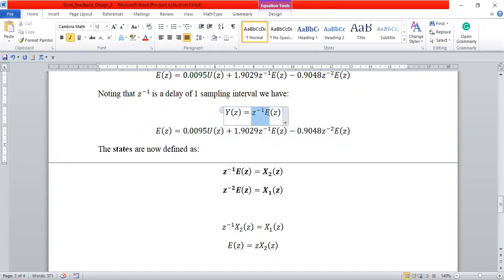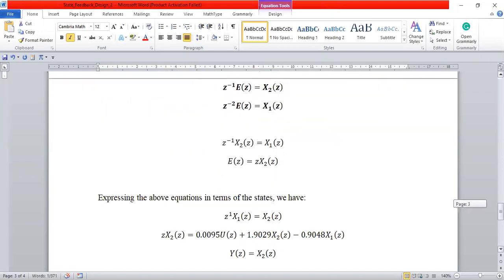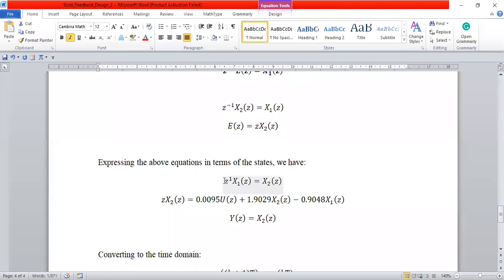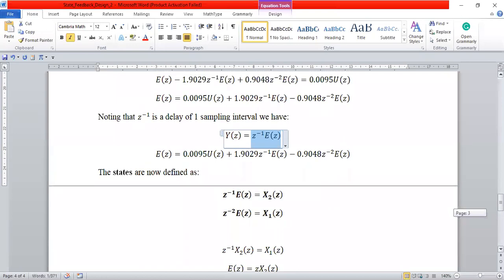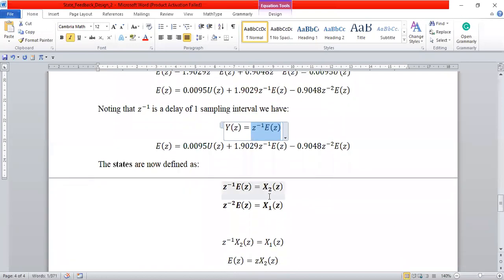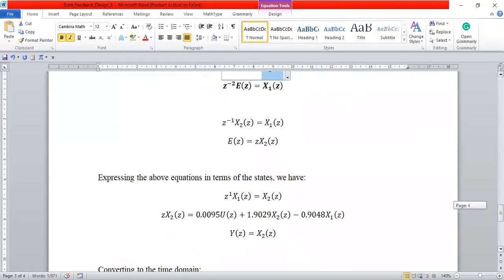So we know that Z raised to power minus 1 multiplied by A of Z is x2. So we simply represent this one as x2 of Z. If we go down, x1 of Z is simply equal to x2 because you are given this relation that Y of Z is equal to x2 of Z. Sorry, this is the equation I'm talking about.